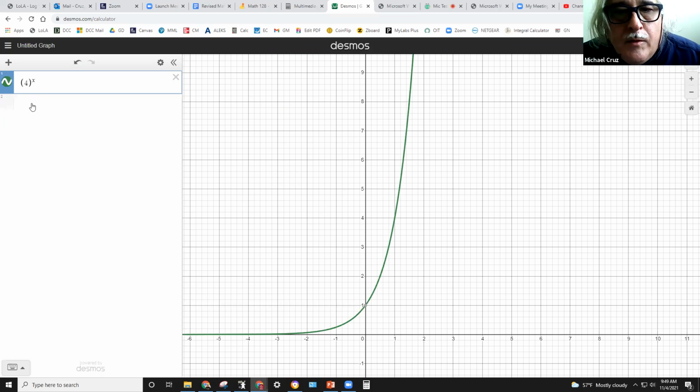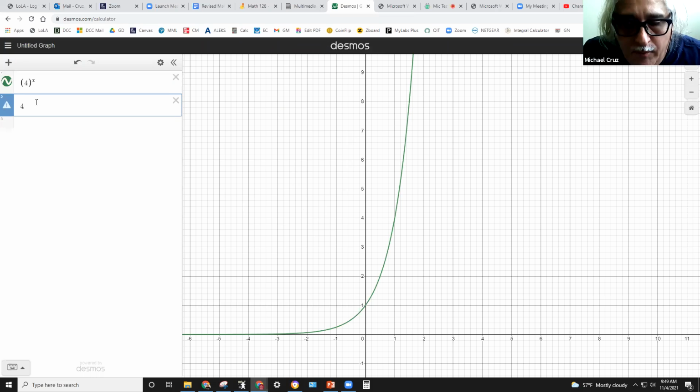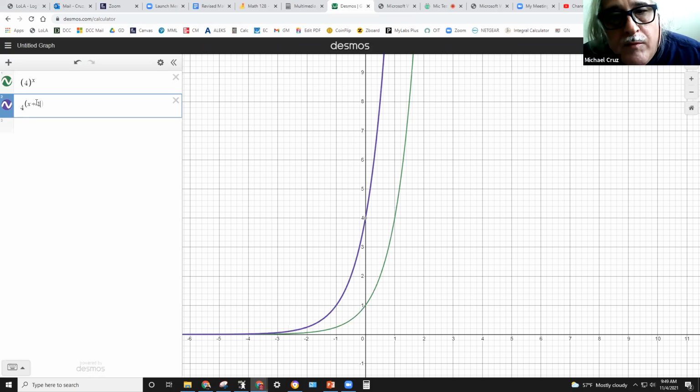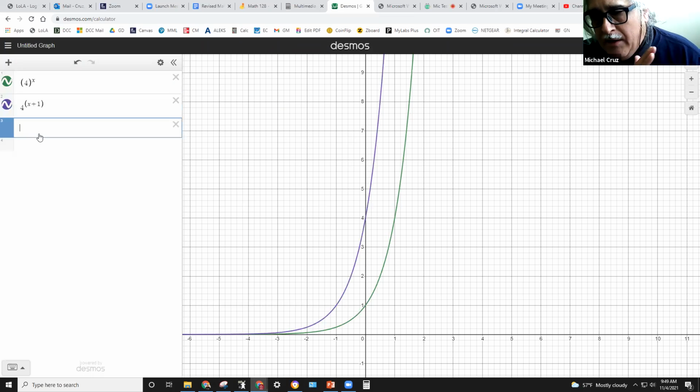Now, if we put the transformation, that's going to move it 1 to the negative side on the x. See the purple? Instead of 0, 1, it's -1, 1. So I'm subtracting 1, the opposite of that.